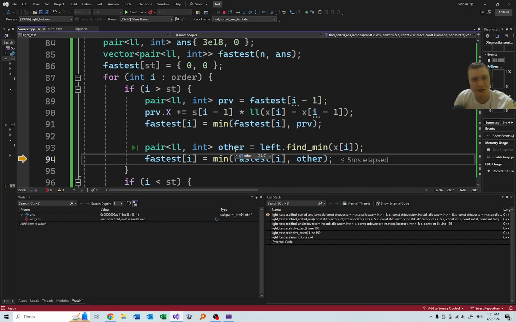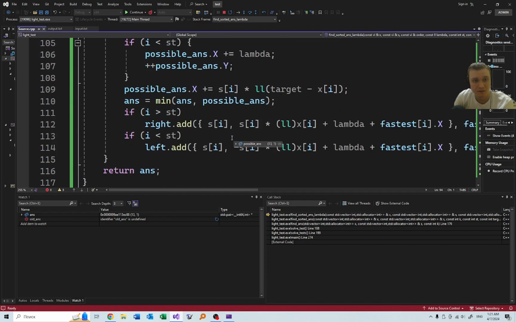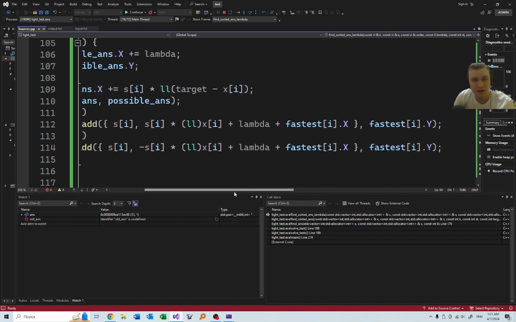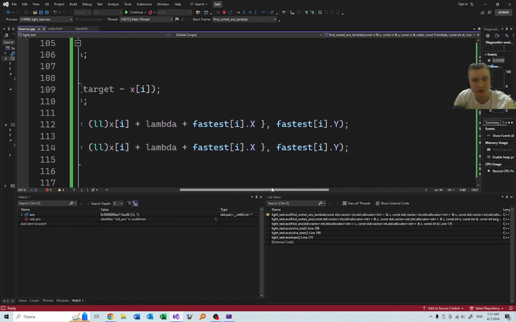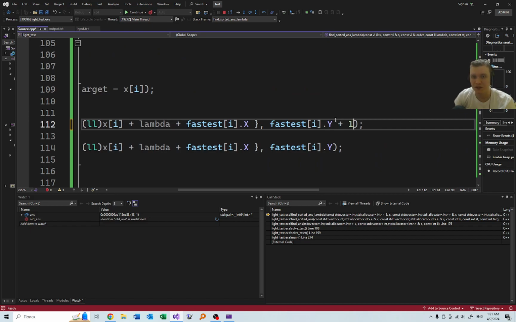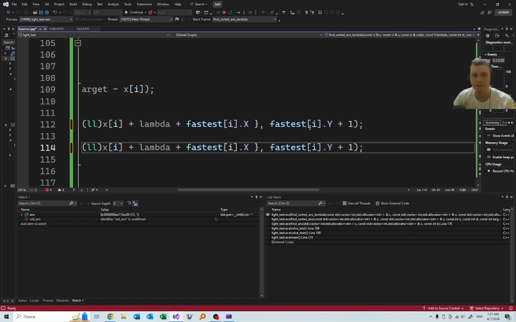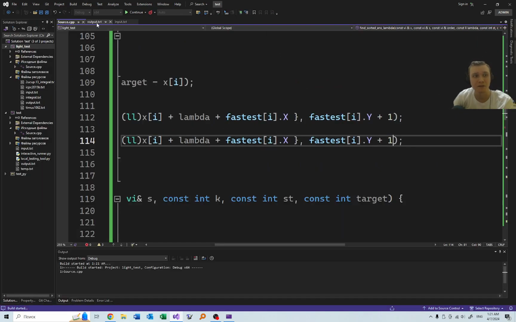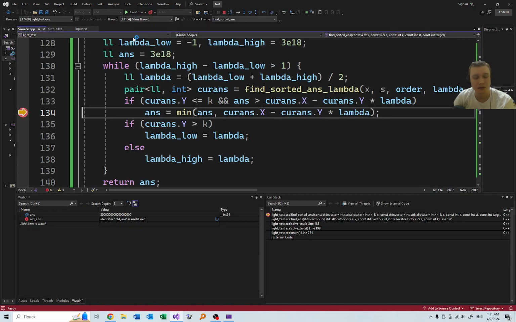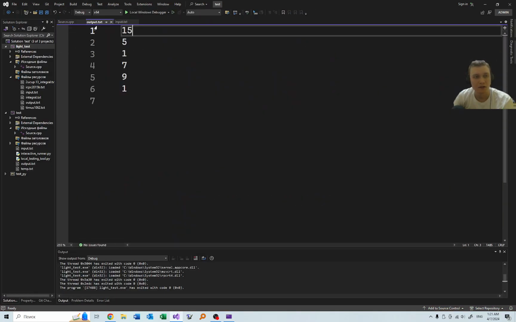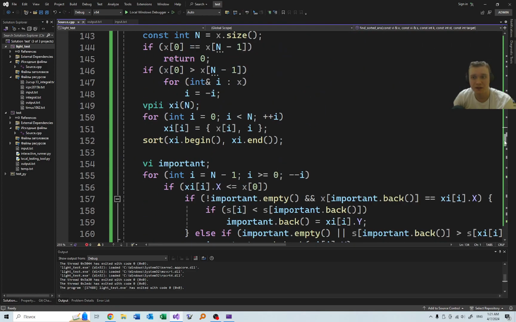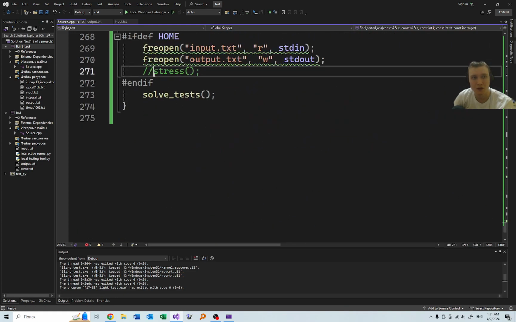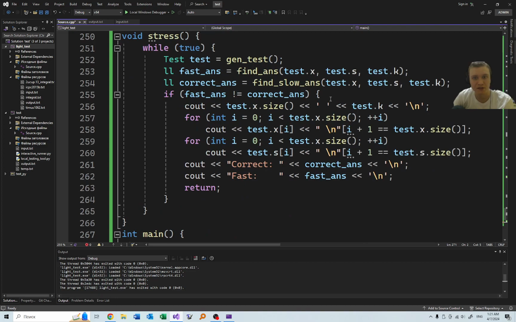Okay, for some reason this is 13.0. However, it's not correct. Maybe because we need to have +1 here. Yeah, I think we need to have +1 here. And now it magically becomes 15. Now we magically can continue our stress.